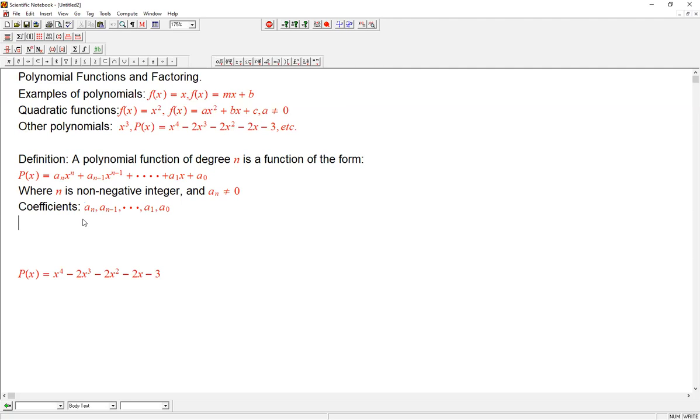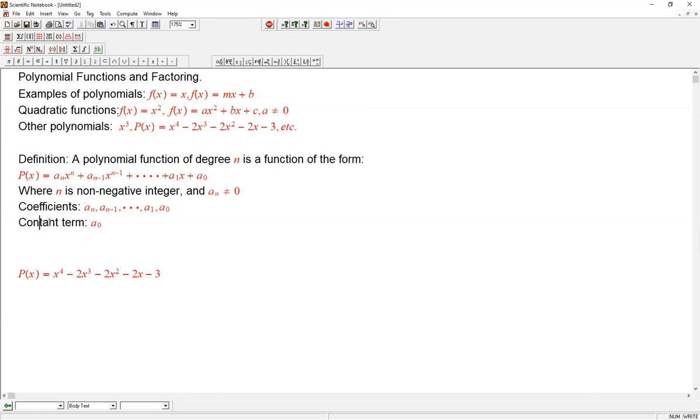Okay, there's a constant term. The constant term is a sub 0. It is the coefficient of the x raised to the power 0 term, so you can see this as x raised to the power 0. x raised to the power 0 is 1 when x is not 0.